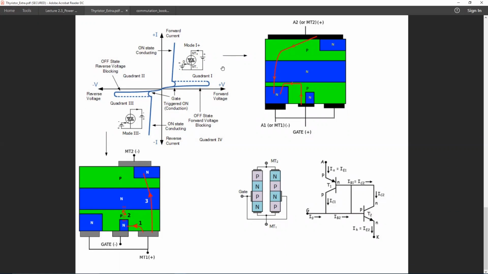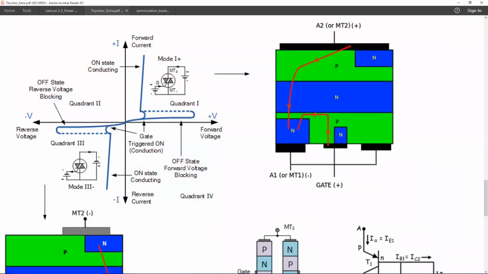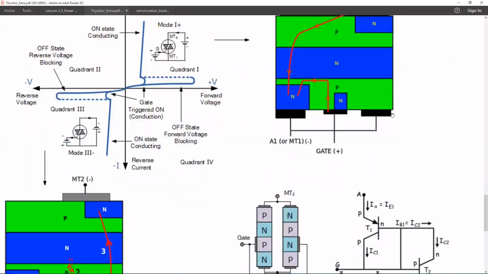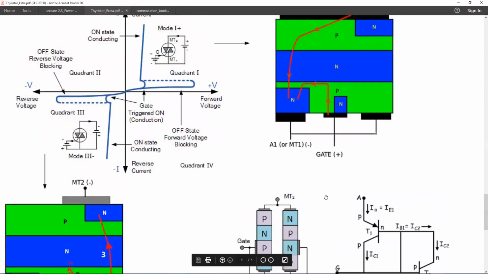So what is quadrant 1? In quadrant 1, MT2 is kept at a higher potential than MT1, and the gate is also positive. So if we analyze the structure in this case, the PNPN structure is activated, and this NPNP structure is reverse biased. So this PNPN structure is the thyristor 1.